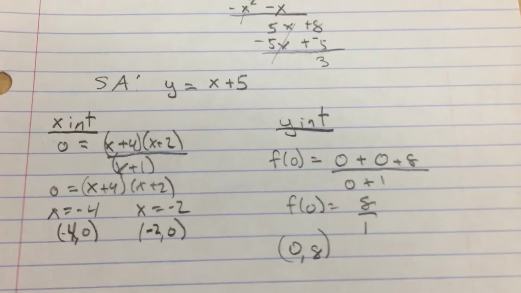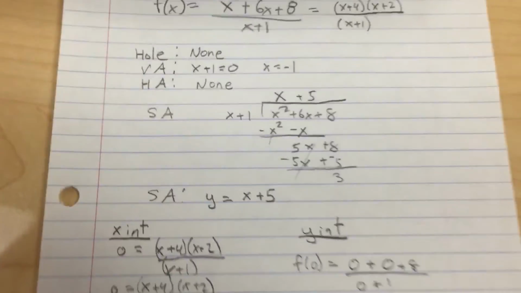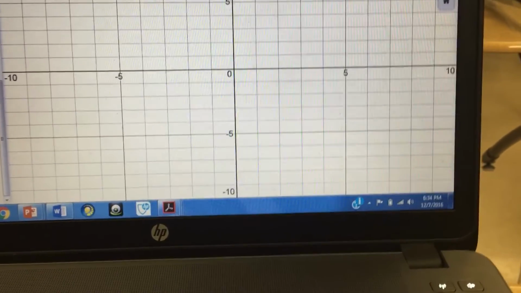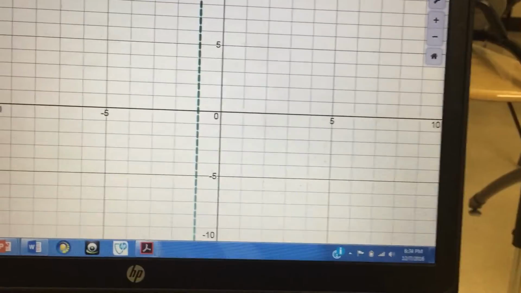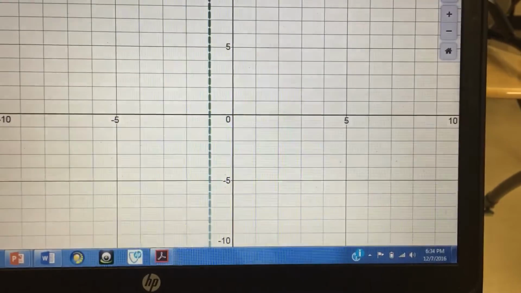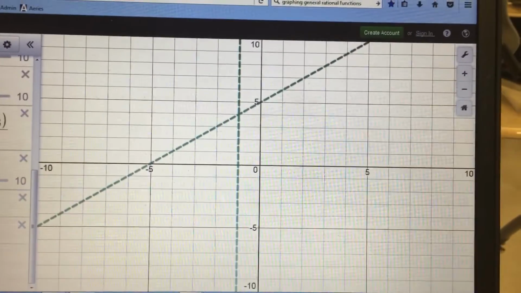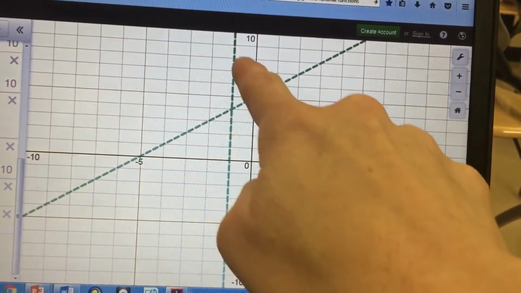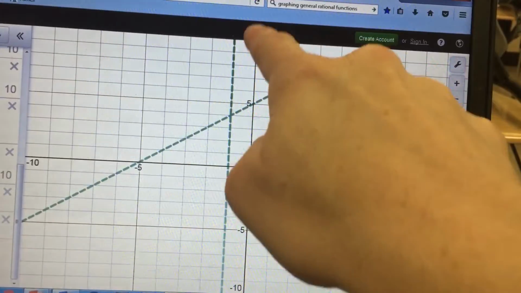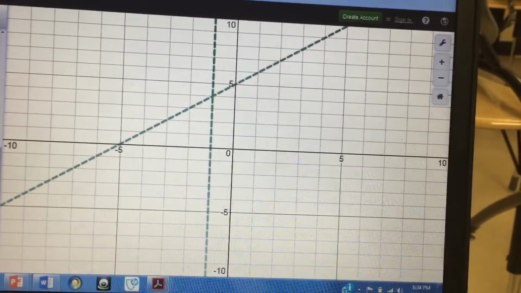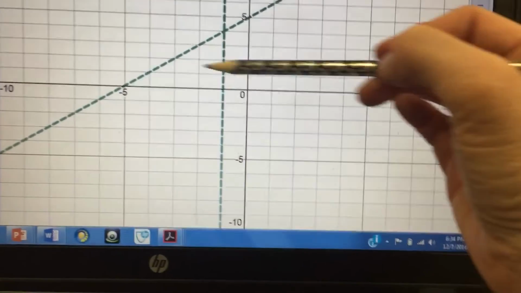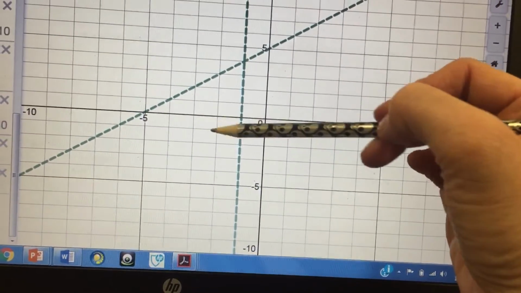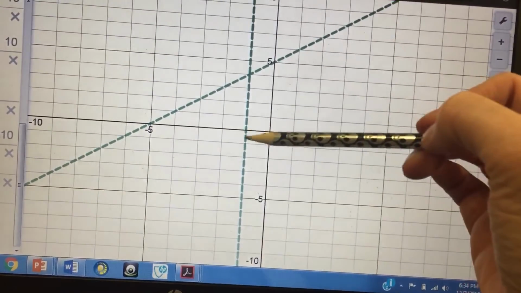I'm going to graph. Okay. So the first thing I'm going to do is graph my vertical asymptote. So there's my negative 1. I'm going to graph the y is equal to x plus 5. So it's going to look like that. So your graph is going to be somewhere in between here or somewhere in between here, right? Those two graphs. Okay, so that's why you can have two x-intercepts. So I have an x-intercept at negative 4. I have an x-intercept at negative 2, which is right there.